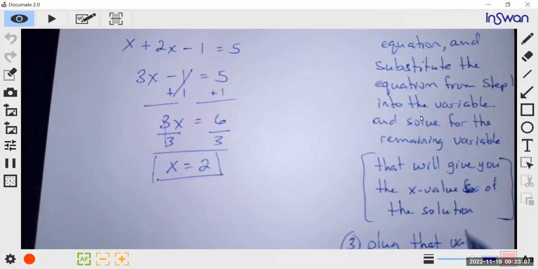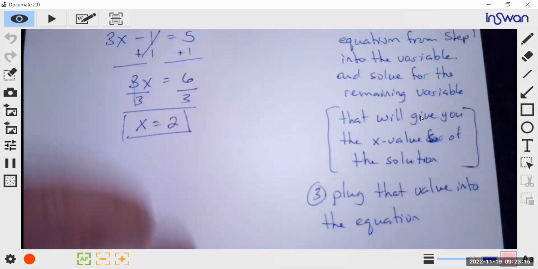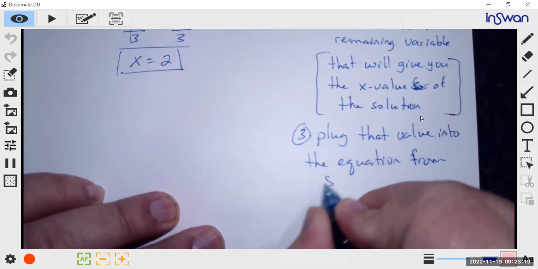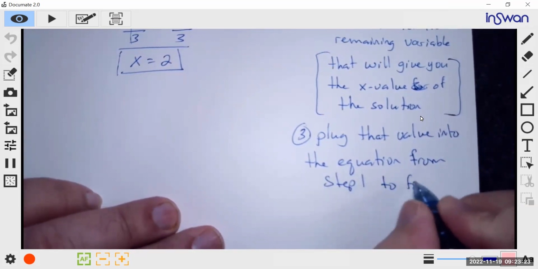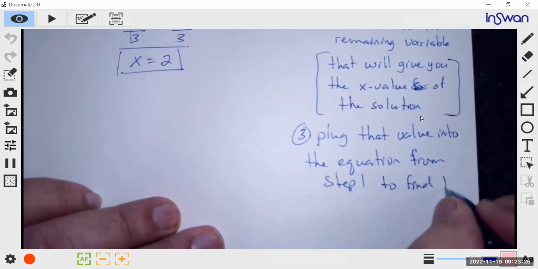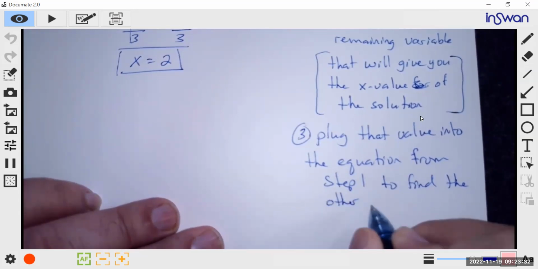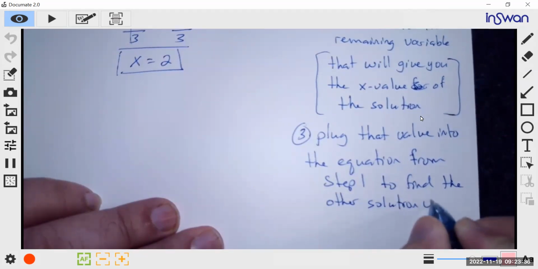So plug that value into the equation from step 1 to find the other solution value.